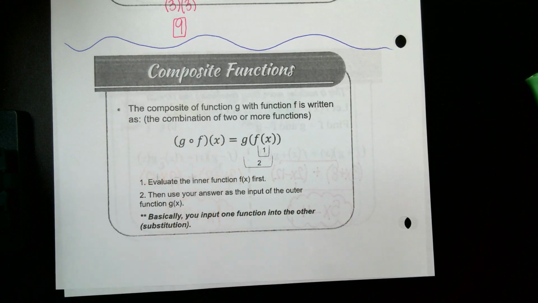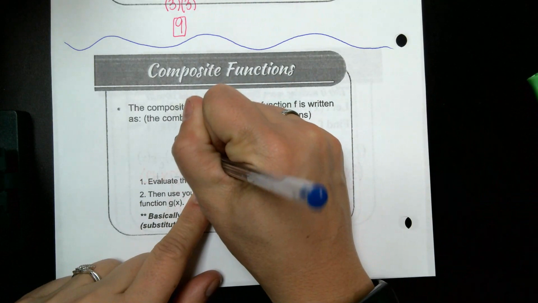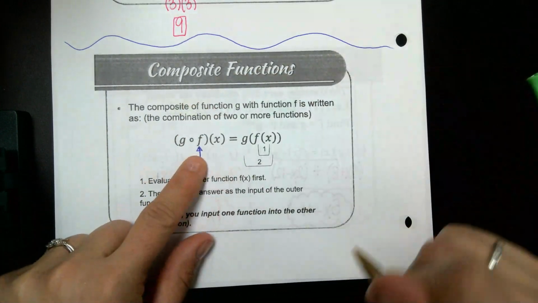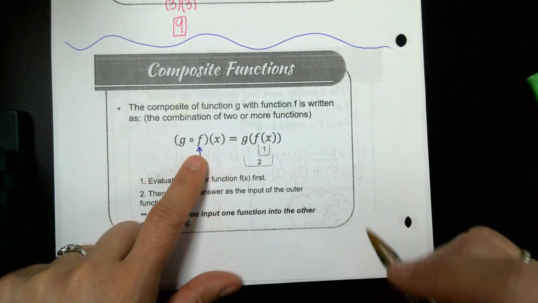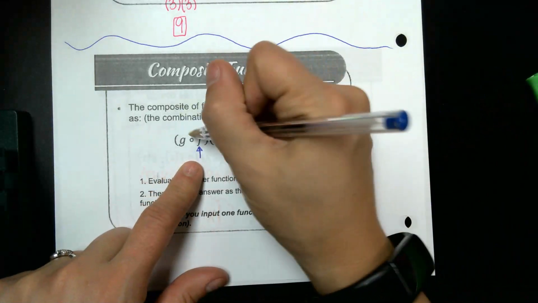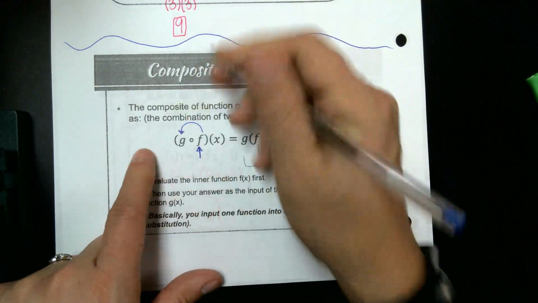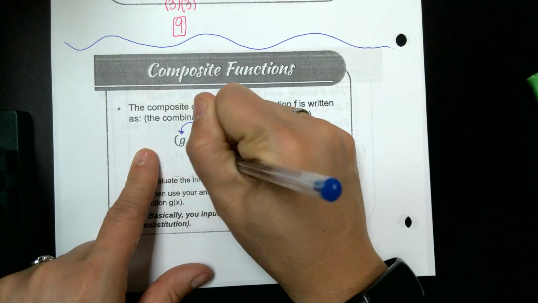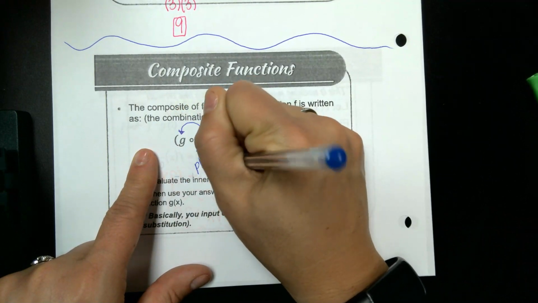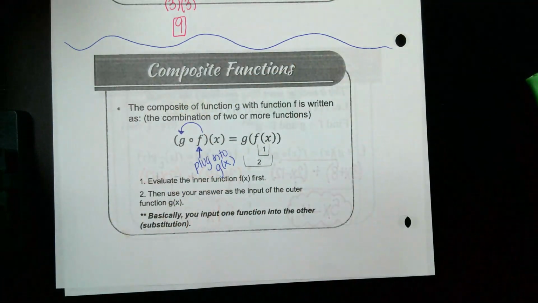Okay, so what that means is you are going to take the innermost function, this one, we're going to take F, and we are going to plug it into G. Plug into G of X. It is just substitution.